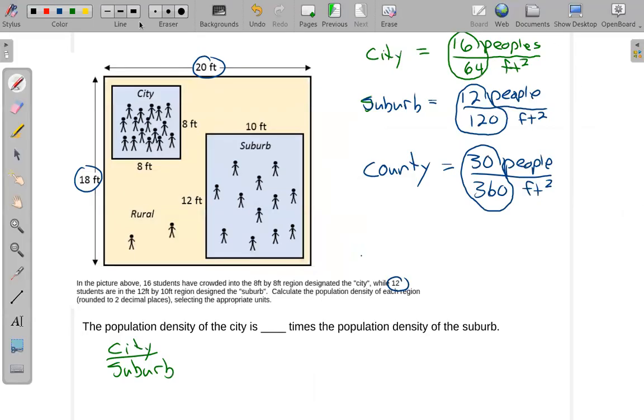So up here, city is 0.25, 25 hundredths pupil per square foot. And the suburb is 1/10 people per square foot. And so in our comparison here, we want to divide those two numbers.